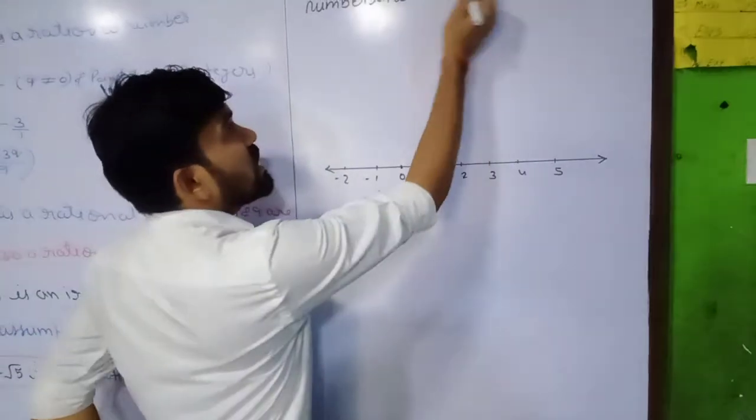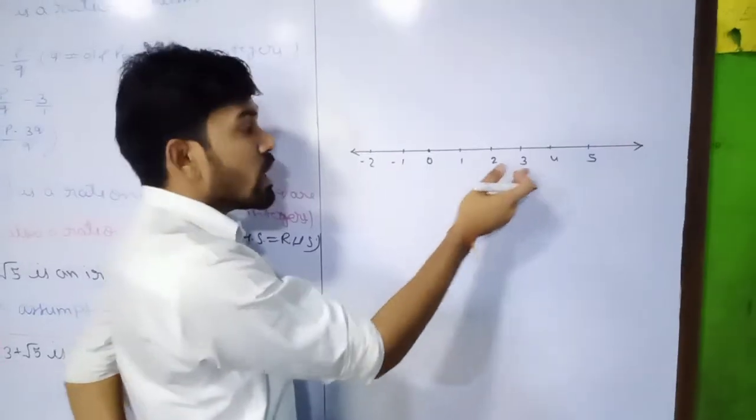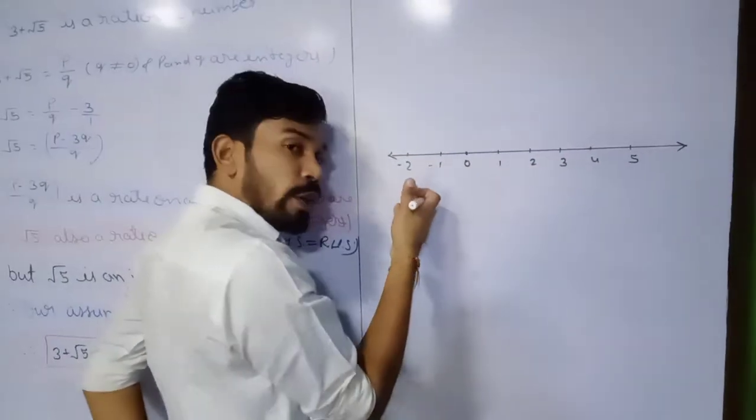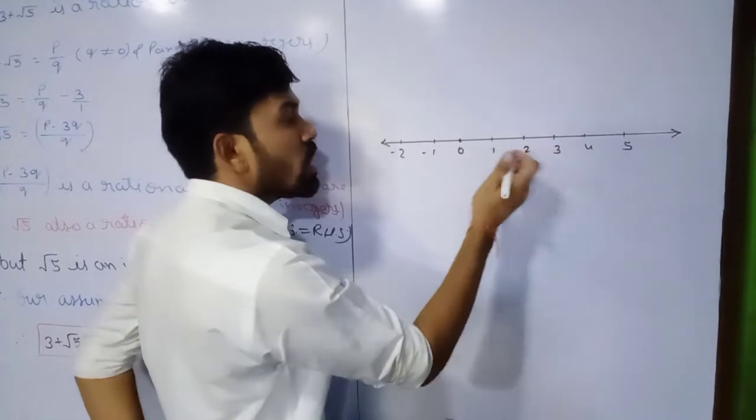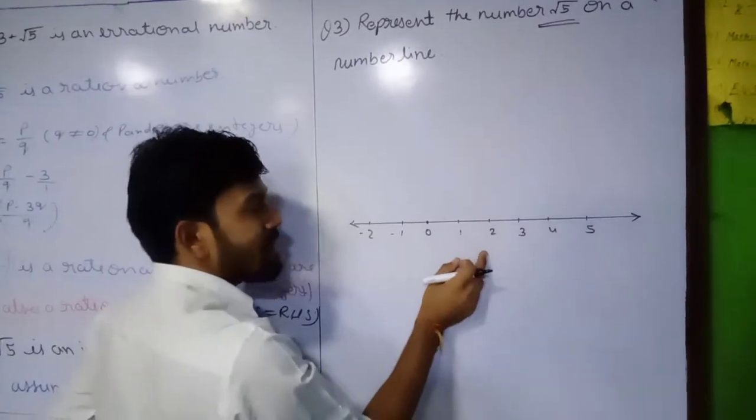How can we represent this root 5? That is not something we are able to see on this number line. Here we have just 0, negative integers and positive integers. So there is a way to show this root 5 on this number line.